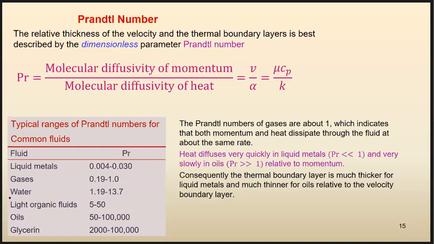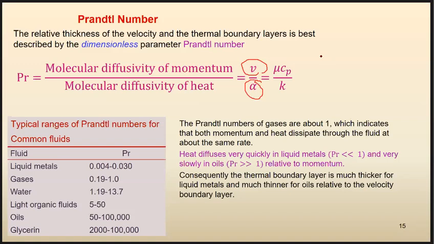One of the parameters that we typically see whenever we look at a correlation for H is the Prandtl number. The Prandtl number is another dimensionless number, like the Reynolds number. What is the meaning of that? The Prandtl number is equal to kinematic viscosity divided by thermal diffusivity.